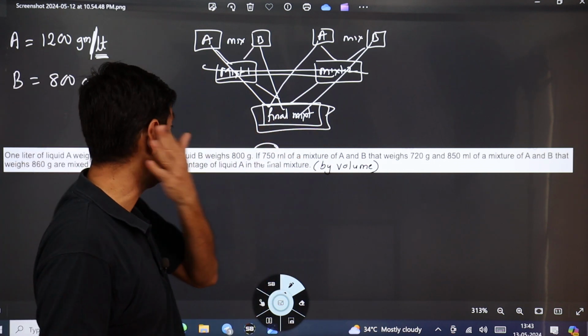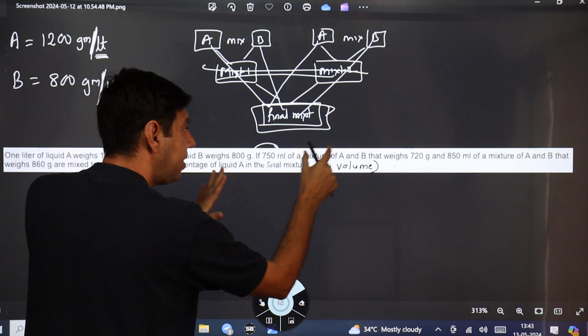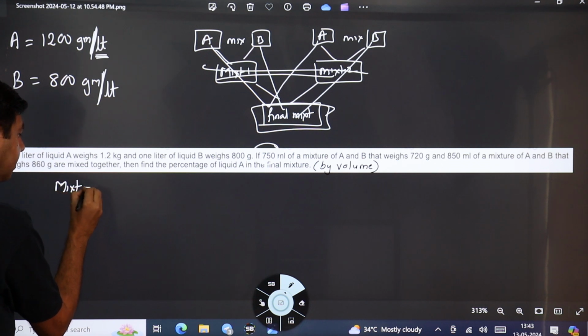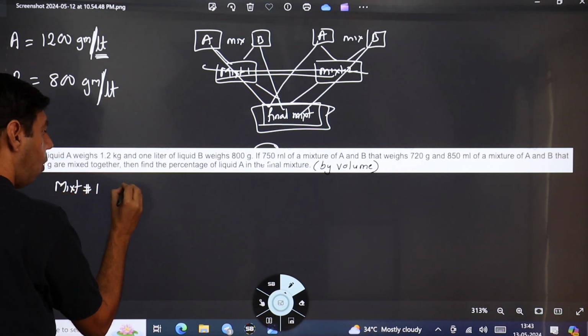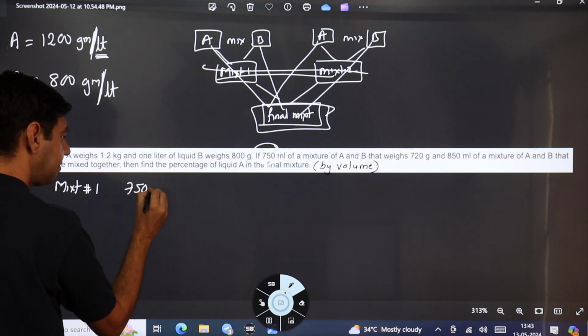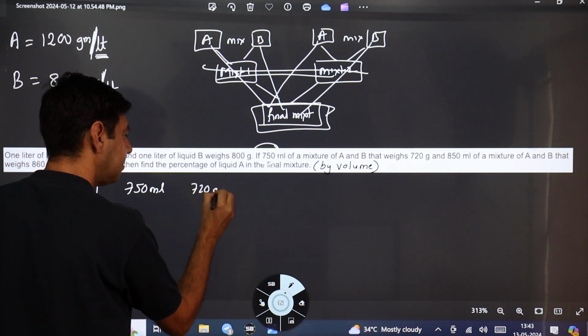So I'll just keep it short. In the final, I'm not worried about mixture 1 and mixture 2 separately. Mixture number 1, by volume, is how much? 750 ml, and its weight is 720 grams.